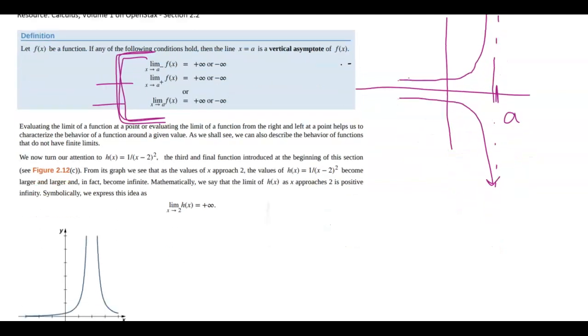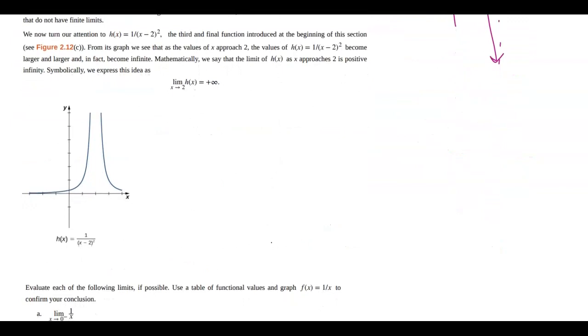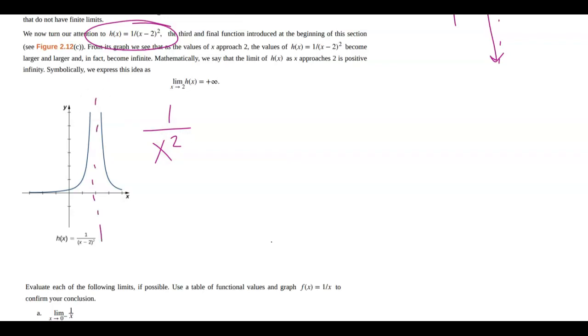So the example that it gives in the text that I use for our videos here is looking at the graph of 1 over (x minus 2) squared. So this is a shift of the parent function, 1 over x squared. It's moved to the right 2, and you can see in the graph that there's that vertical asymptote right there at x equals 2.